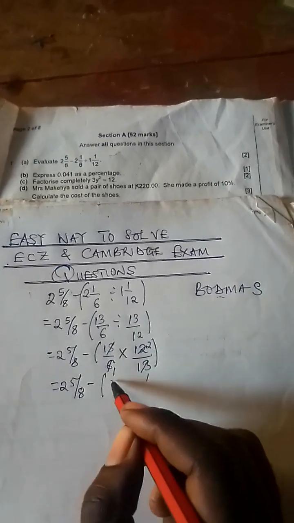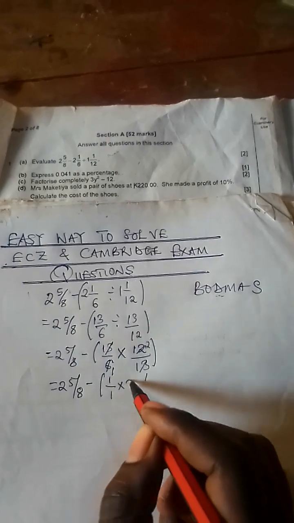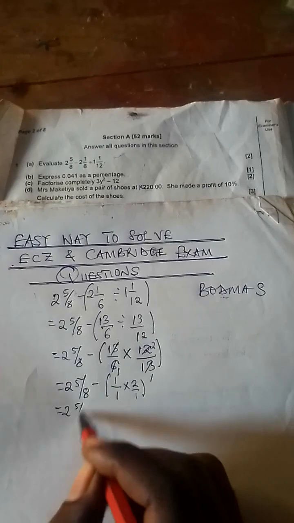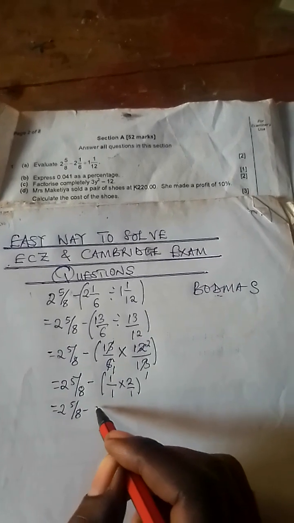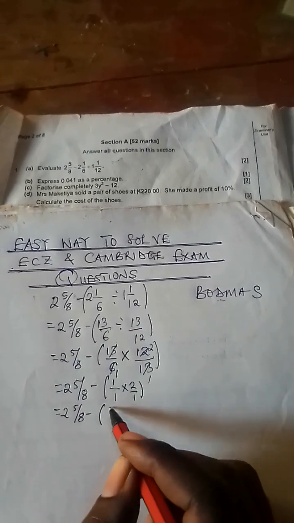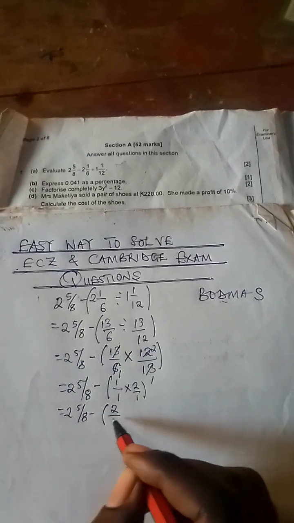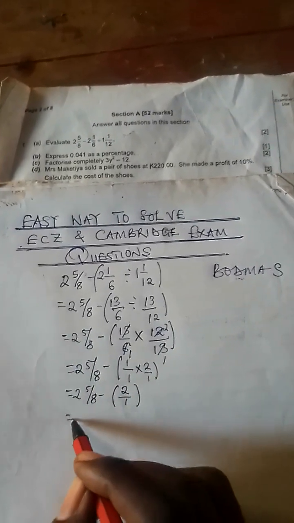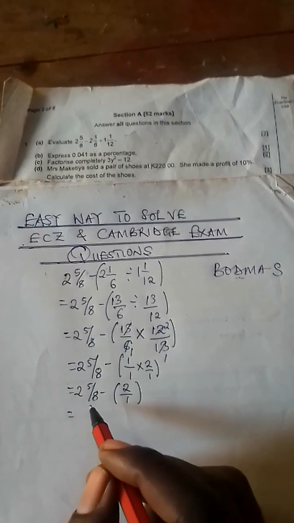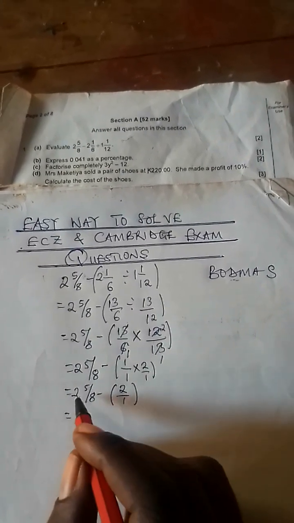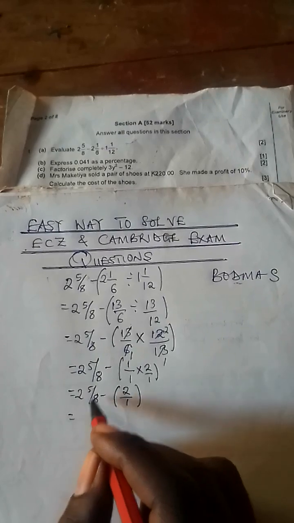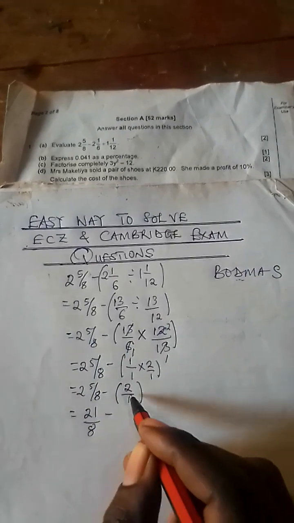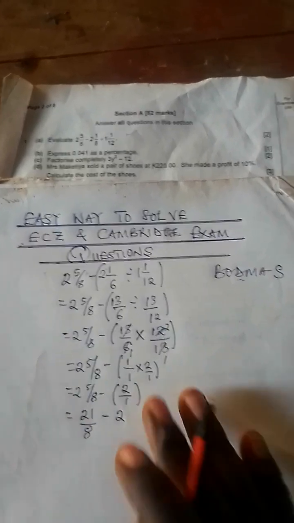What we're going to have there is 1 over 1 times 2 over 1, which is 2 1/8 minus 1 times 2, it is 2, then 1 times 1, it is 1 there. Okay. So now here we can also convert this one into an improper fraction, which will be 2 times 8 is 16 plus 1 is 17, and the denominator still remains the same, and here we have a 2 there.